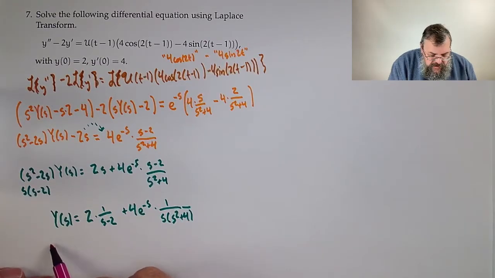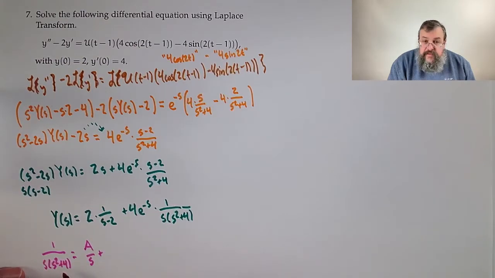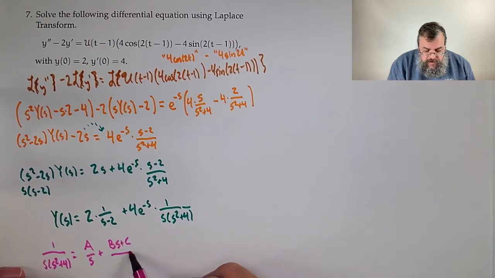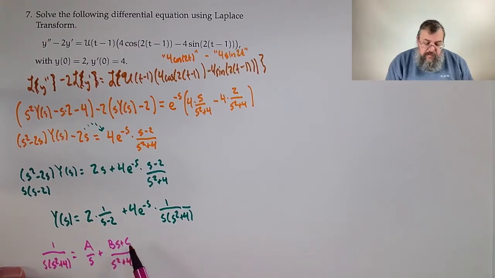So 1 over s times (s squared plus 4). That looks like something over s plus, now this is an irreducible quadratic, so we have to put a little bit more upstairs, a little bit more oomph, so that we can account for all possibilities. So (bs plus c) over (s squared plus 4).